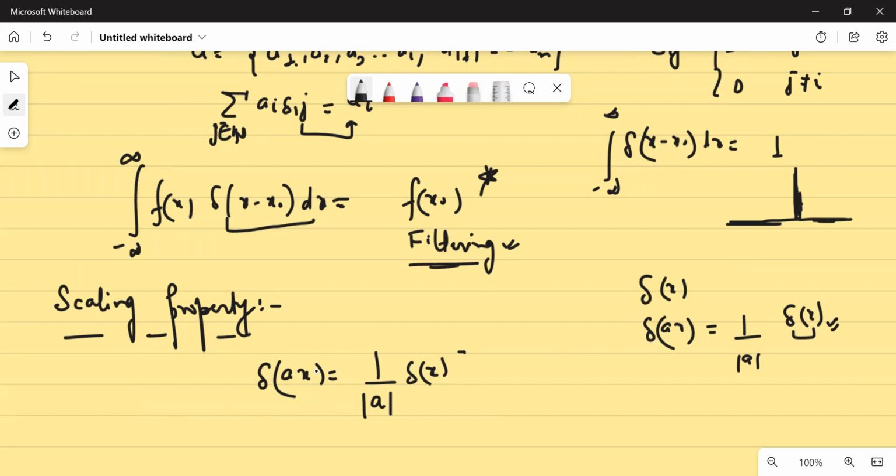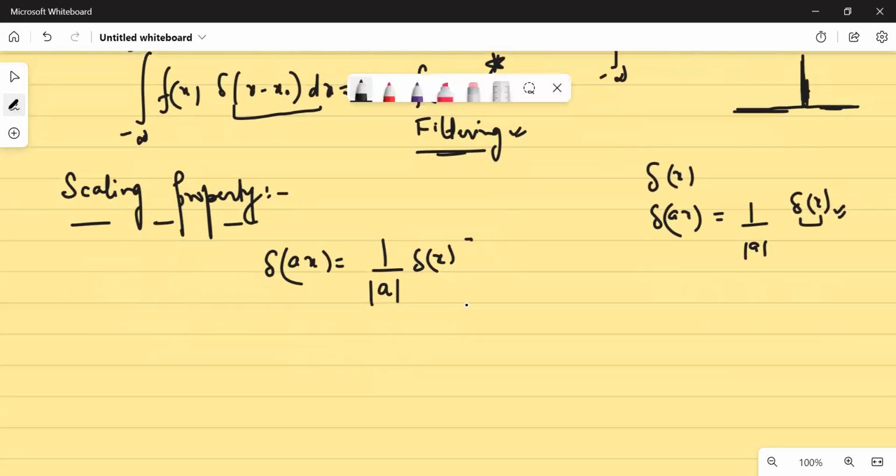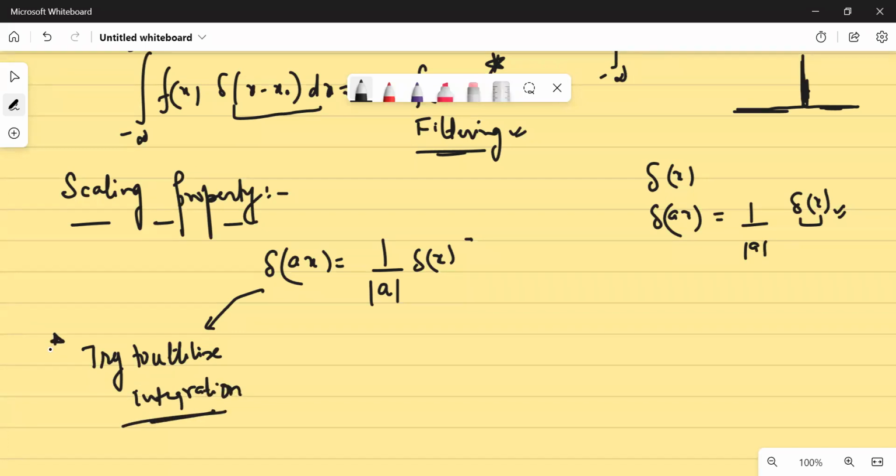You can do it very easily. Whenever you have to derive some properties of the Dirac delta function, try to utilize integration, because you already know that the integral from minus infinity to infinity of f of x Dirac x dx is equal to f of 0.